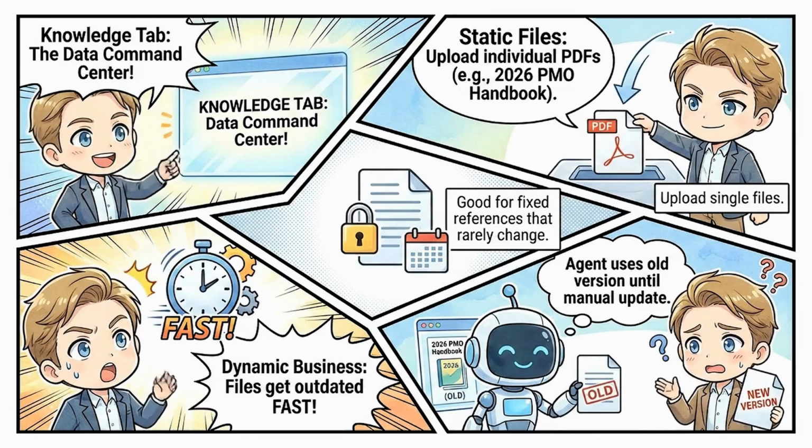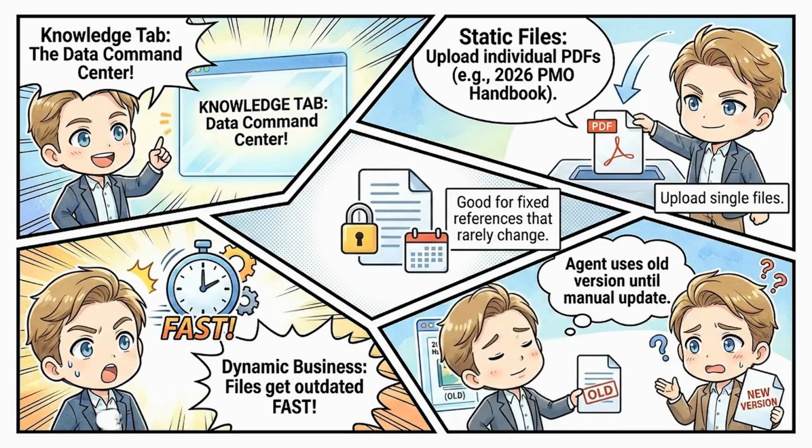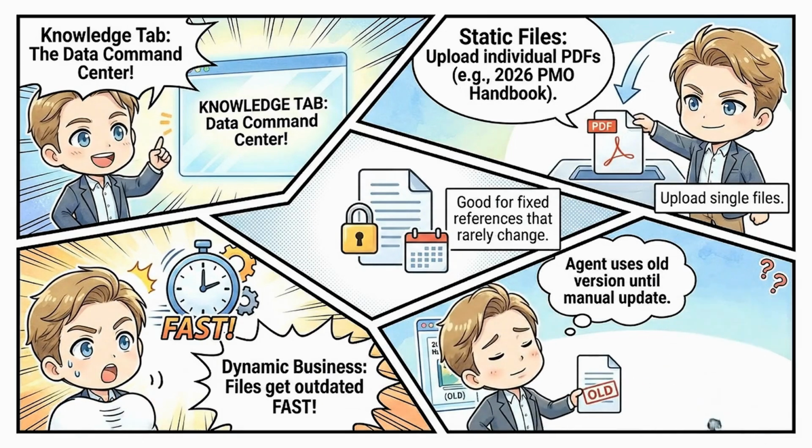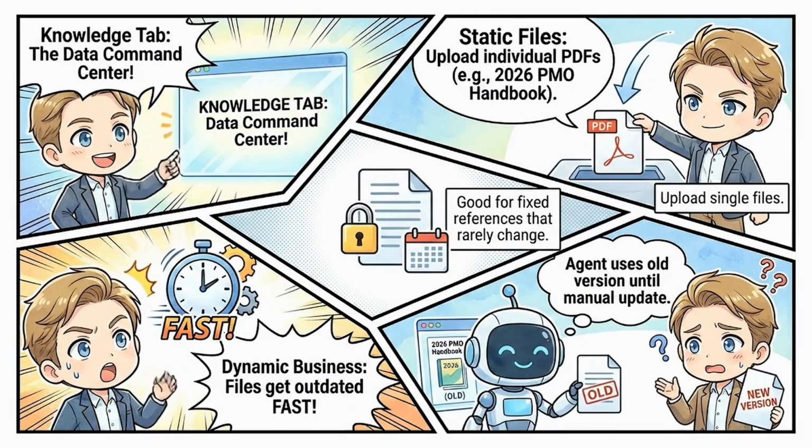This is useful for fixed reference material that rarely changes. However, in a dynamic business environment, static files quickly become outdated. If David updates the handbook locally next month, the agent will still reference the old uploaded version until he manually replaces it.